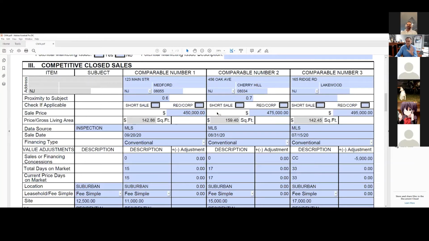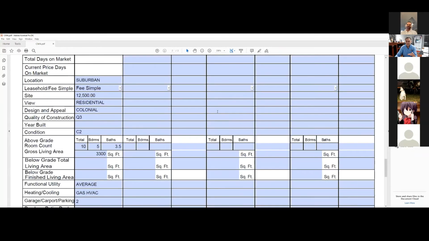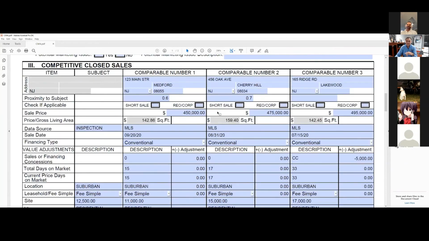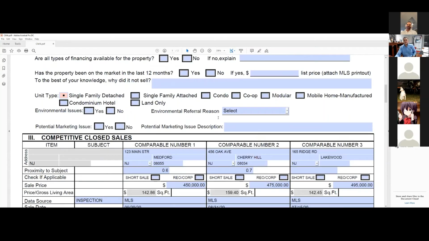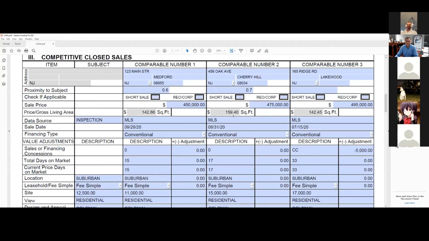We're going to do it only for sold properties, not active properties, okay? So it's going to be only 3 comps that are sold. I'm going to get that report from you and see who did what and how they did it, and we'll reply to everybody as to what mistakes they made and how they should correct them.